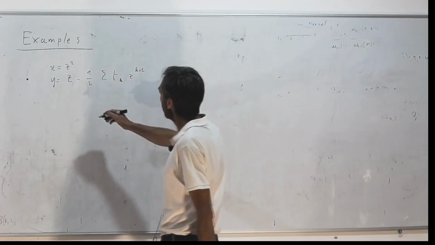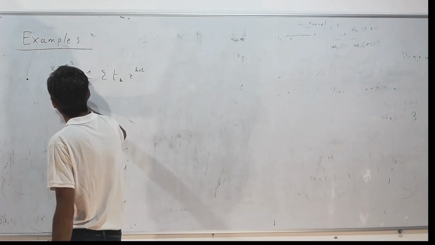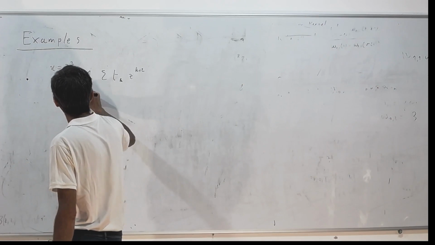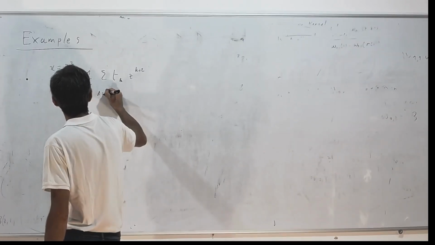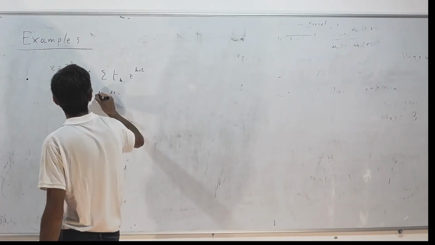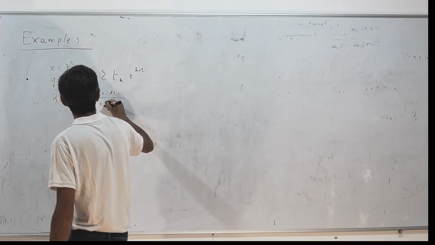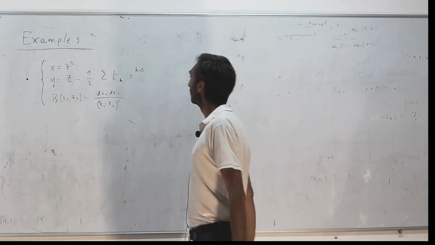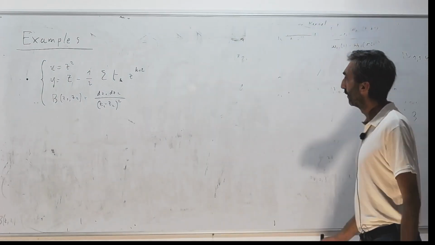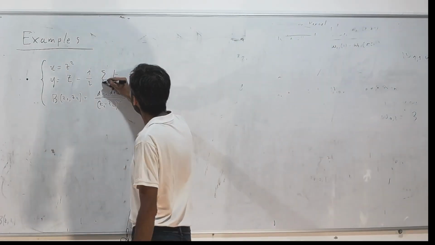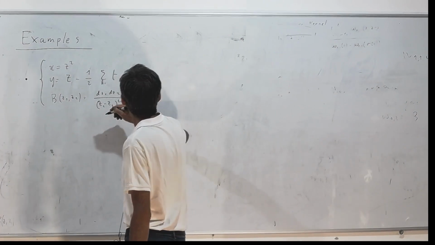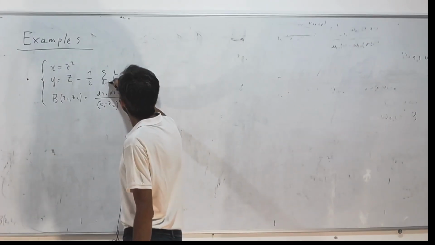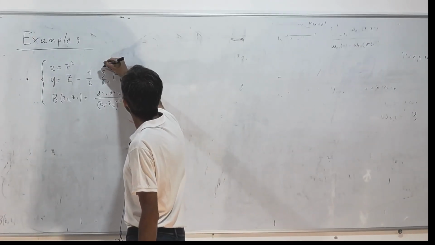And B of z1, z2 is dz1 dz2 over (z1 minus z2) squared. And the sum over k could be finite, k from 1 to d.